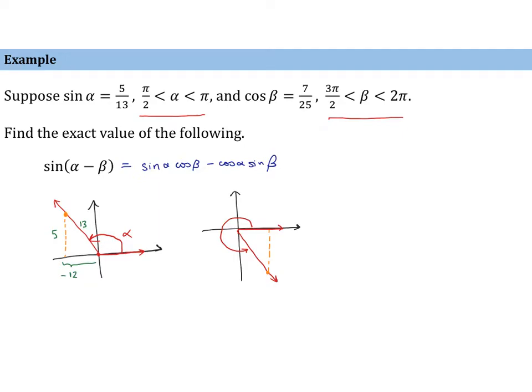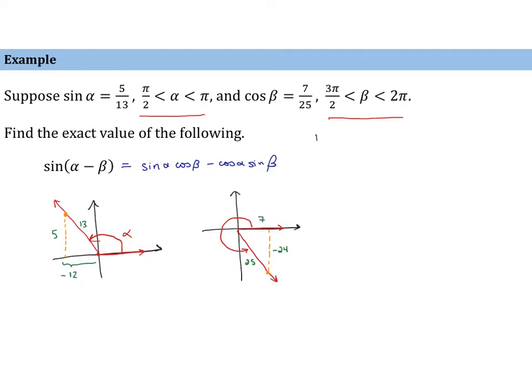And we know that cosine of beta is 7/25, so adjacent over hypotenuse. And our Pythagorean theorem would yield 24, or we know that 7, 24, 25 is a Pythagorean triple. Because this is on the negative y-axis, we can make this negative 24.